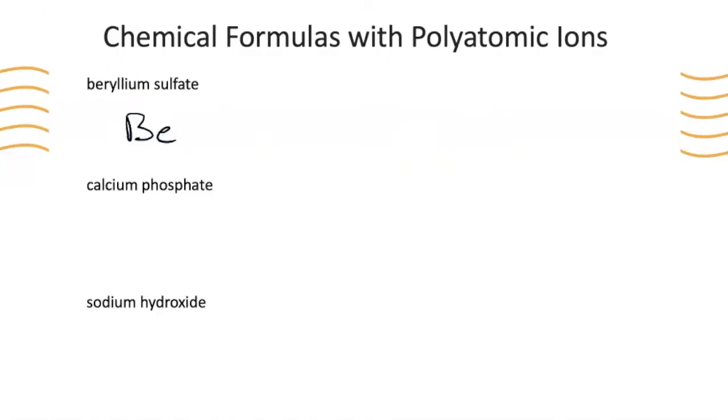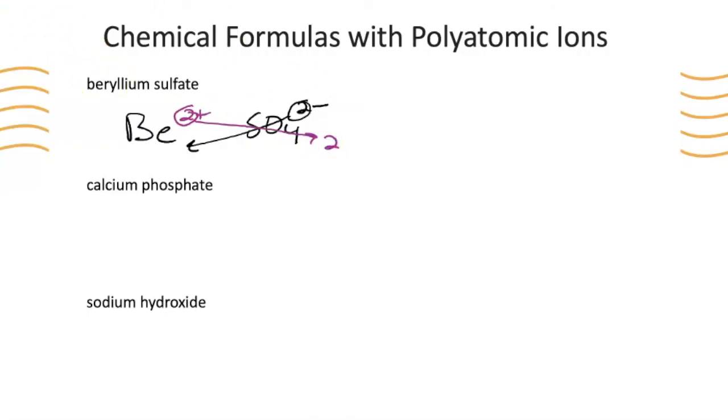Beryllium is a group 2 element. It has a 2 positive charge, while sulfate is something we have to memorize. This has a negative 2 charge. We use our drop swap. We notice that this follows the rules that we saw with magnesium oxide.